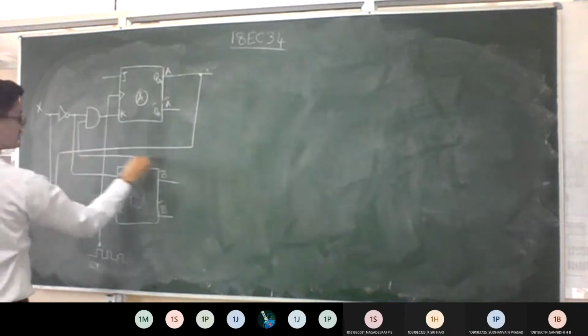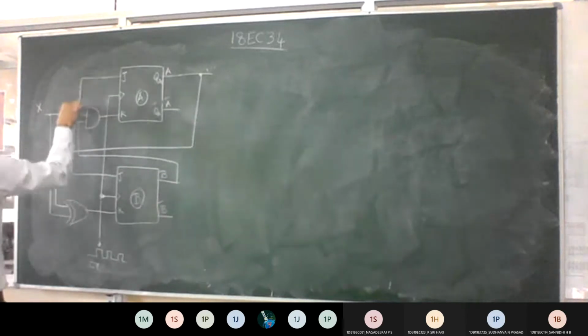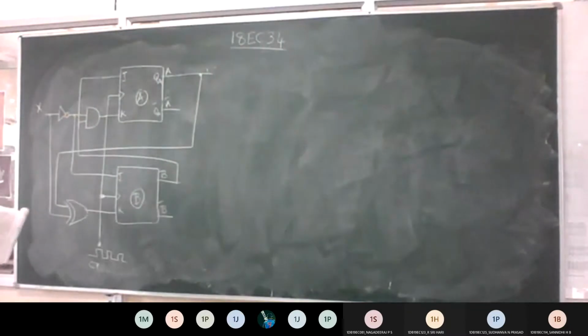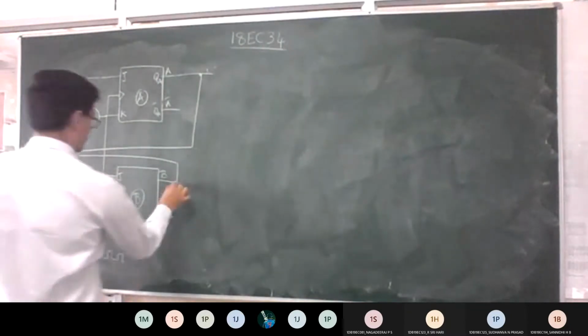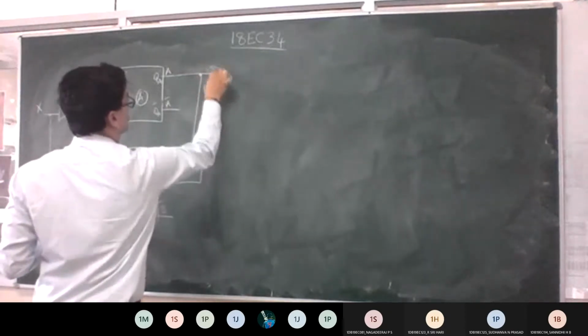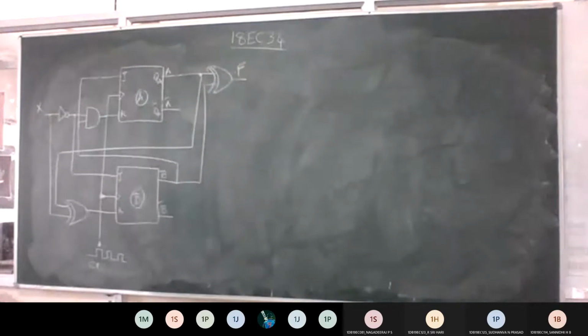One more input is given to B here for the AND gate, and the same thing is given to your J also. This is the question they have given. And this final output will be given to one more XOR gate, and this is your F.